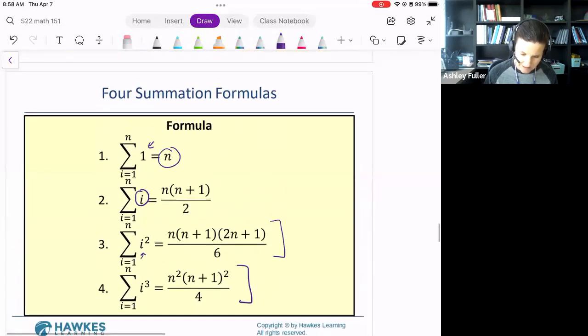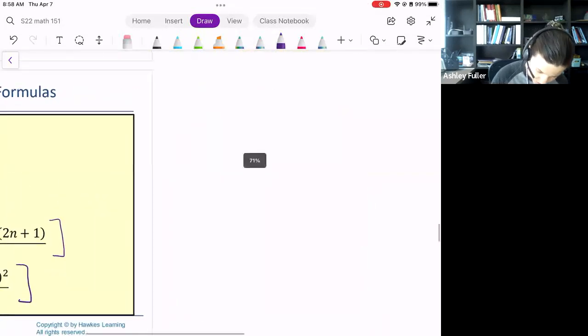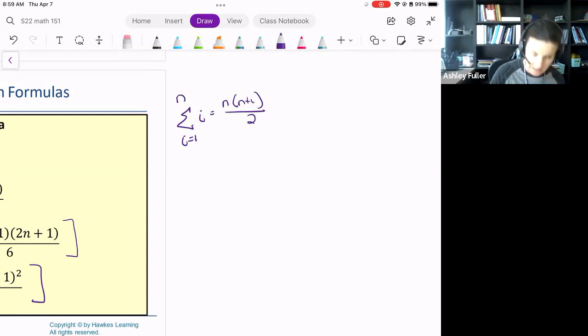If we look at the proof of this second term, so if we're looking at the summation of i, and we want to show that it's equal to n times n plus 1 over 2 when we're going from i equals 1 to n, let's start off first of all by giving this a name.